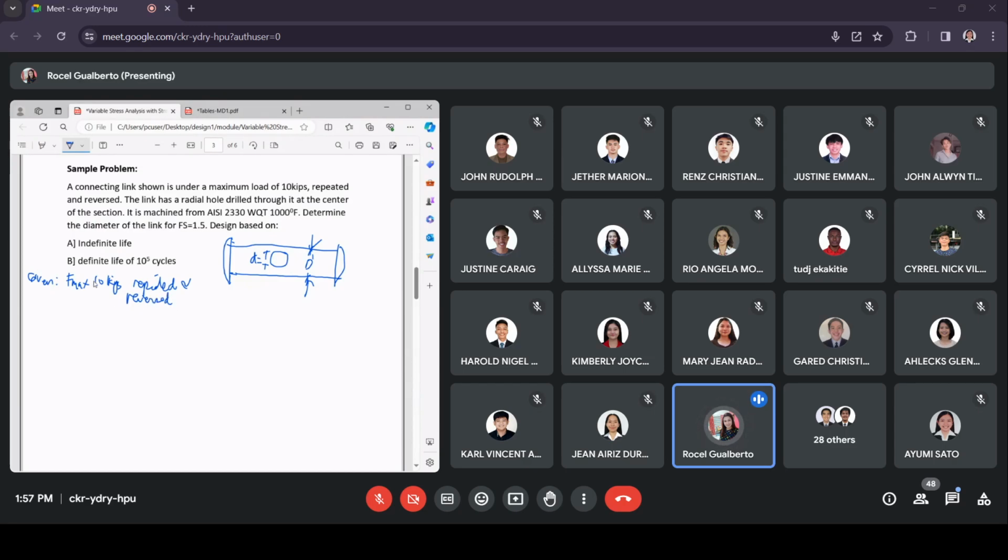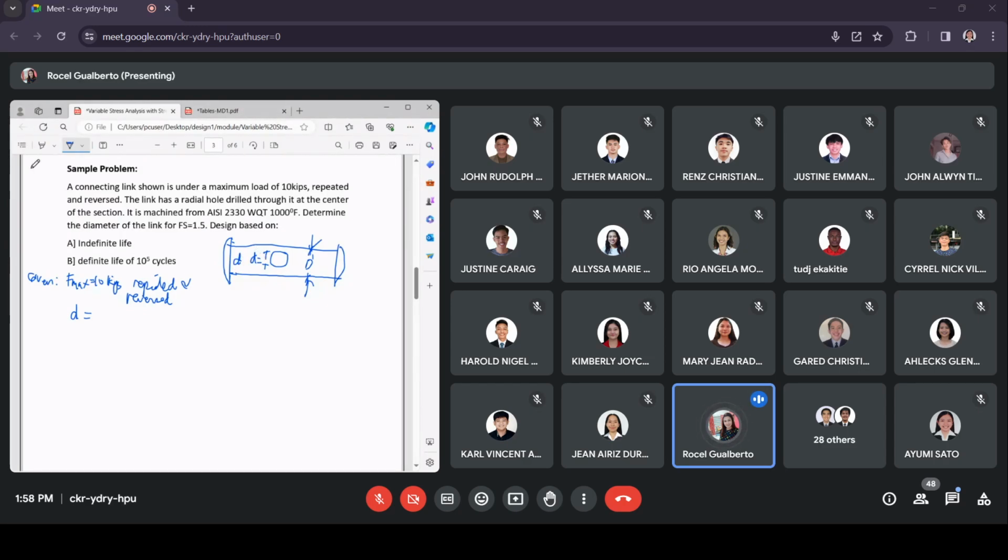So that would be F maximum equal to 10 kips. Then you have also the diameter of the radial hole. What is its diameter? Say the diameter would be 1/8 inch. Say given diameter of 1/8.